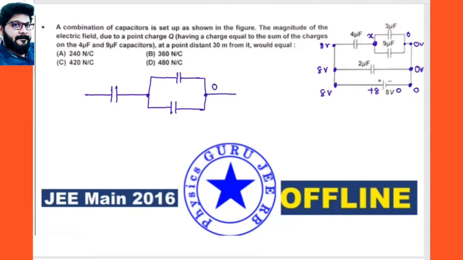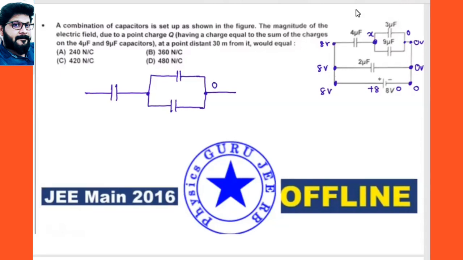Now here it is X. Here 8 volts. Here it is X. Here it is 0. Here also this can be transferred, here X volts. Here also X volts. And it is 0. This is also 0. Here also 0. Hope this is clear.